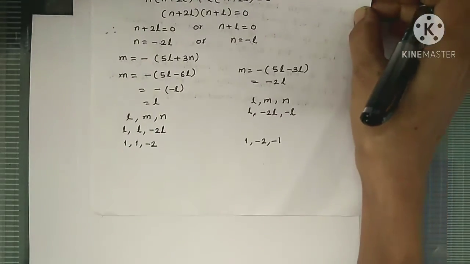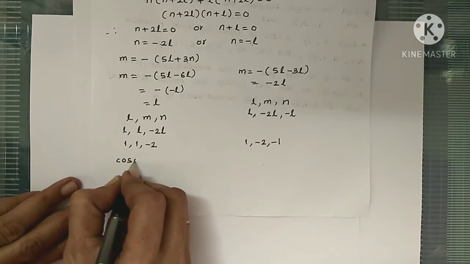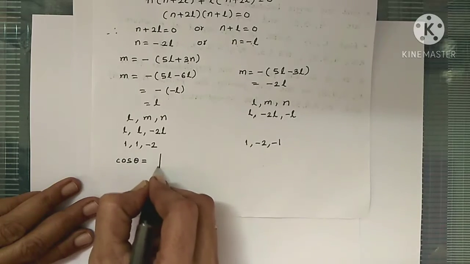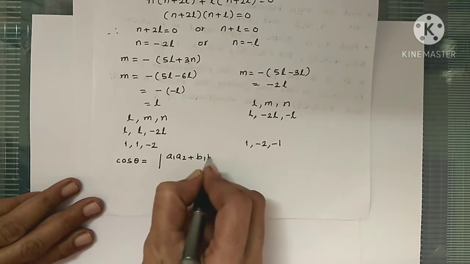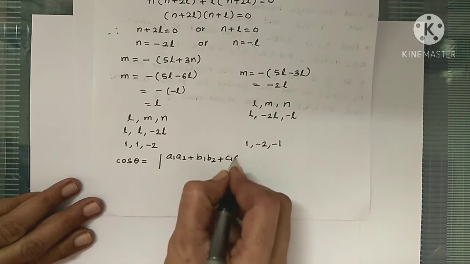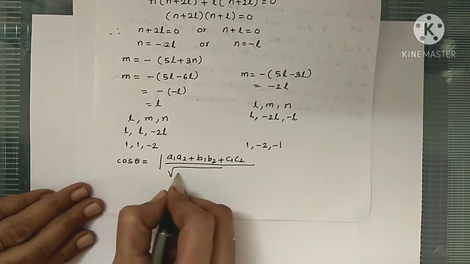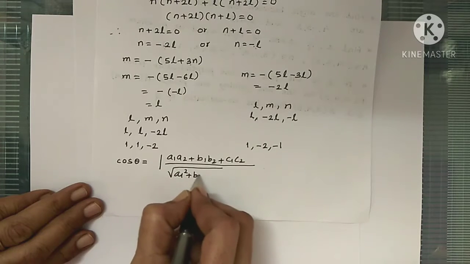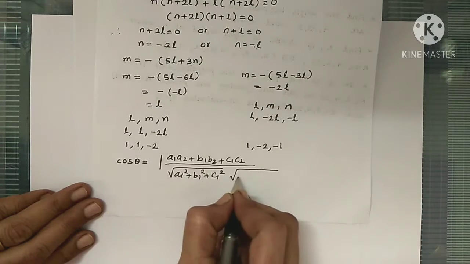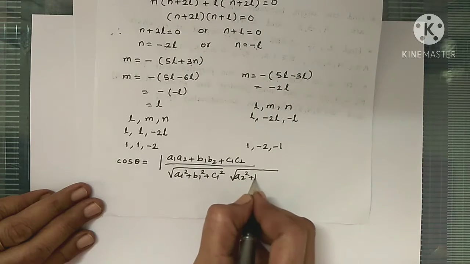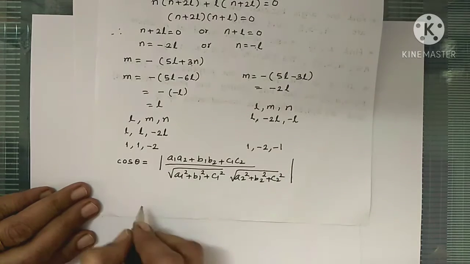In the last video, we proved the formula for cos theta in terms of a1, b1, c1 and a2, b2, c2. So it is a1 a2 plus b1 b2 plus c1 c2 upon root a1 square plus b1 square plus c1 square into root a2 square plus b2 square plus c2 square.